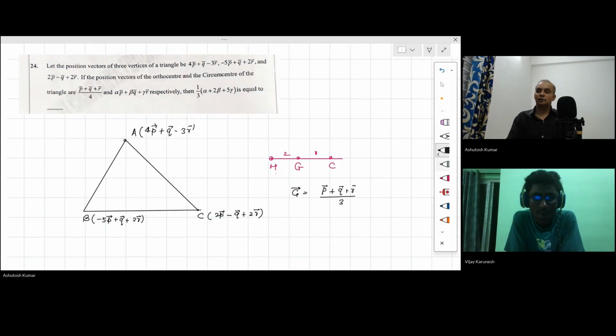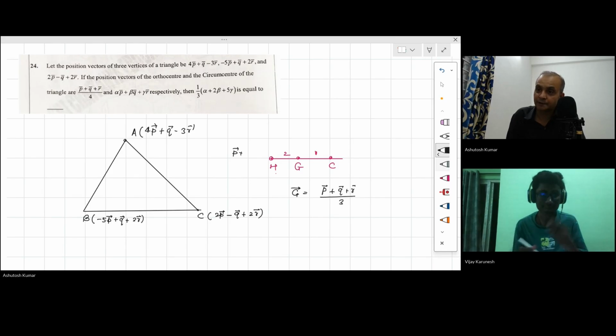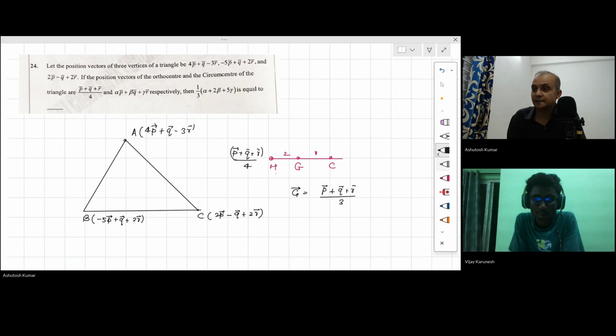Now you know the centroid, and the orthocenter is already given. So can we not take the section formula and find the circumcenter? The orthocenter is P plus Q plus R by 4. Let's say this is vector C for the circumcenter, since I need to find a vector.